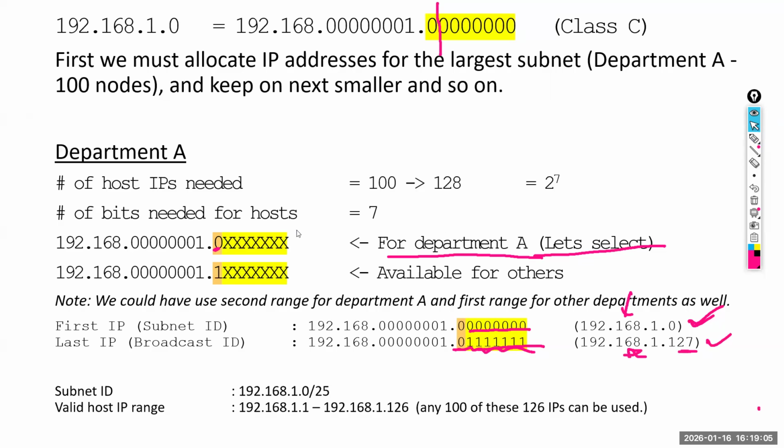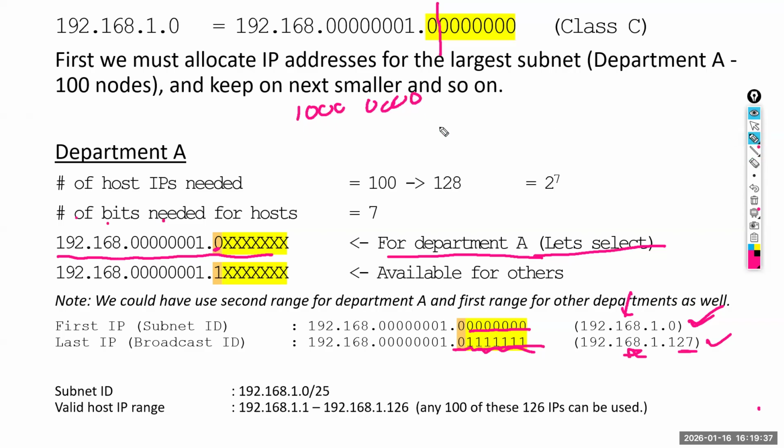And here for department A, the subnet mask is 255.255.255, and this is 7 zeros. So that you can calculate 1, 2, 4, 8, 16, 32, 64, 128, 256. Sorry, there's one more 0.